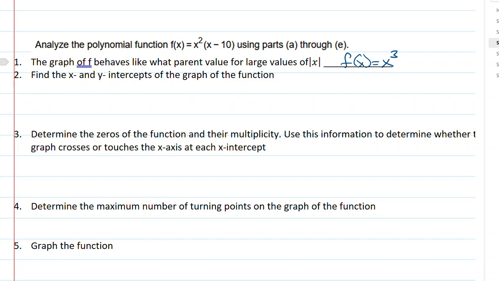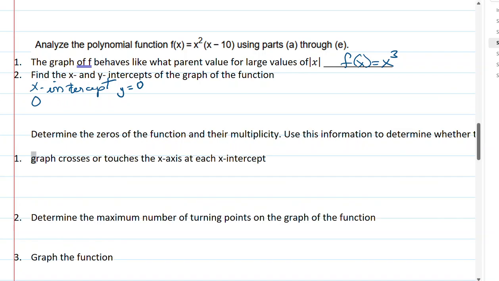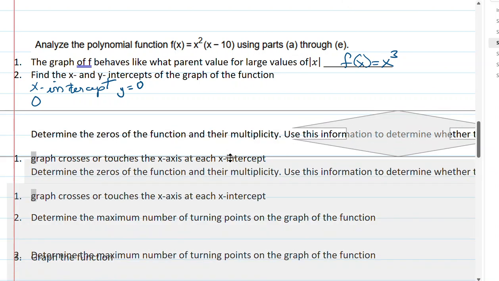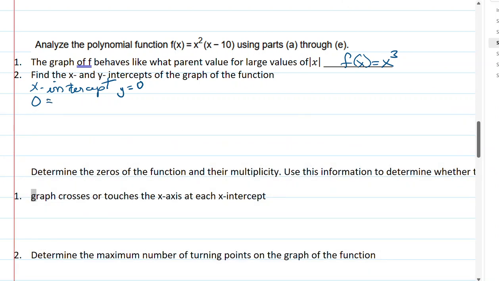Find the x and y intercepts. All right. It's in factored form, so I love this, right? So if I'm looking for the x-intercept, y equals 0. So I've got 0 equals x squared times x minus 10.